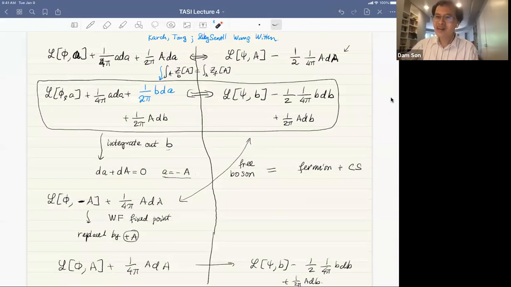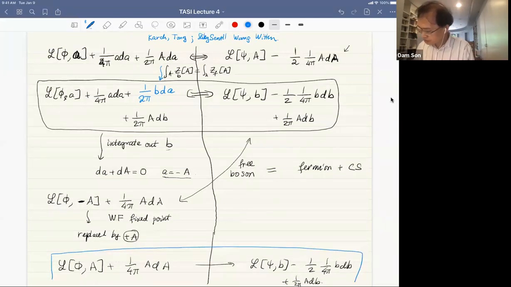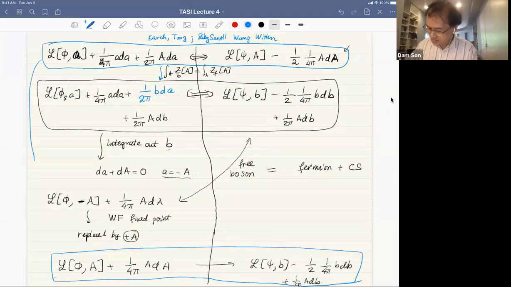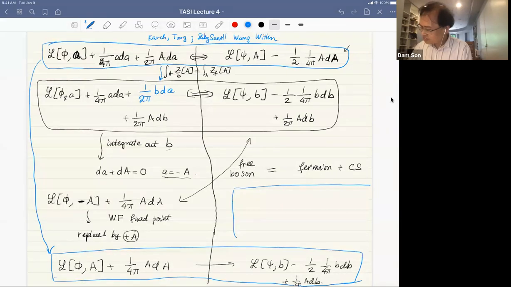Okay, so it turned out that from this duality, now our knowledge of duality is multiplied. We have this duality on the top line from which we derive the last line of duality. So there are two kinds of duality. And we also can double the number of dualities that we know by doing time reversal.